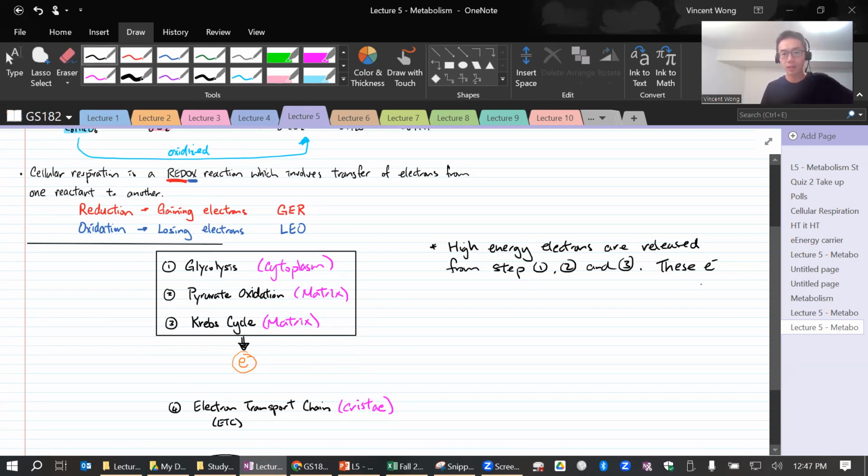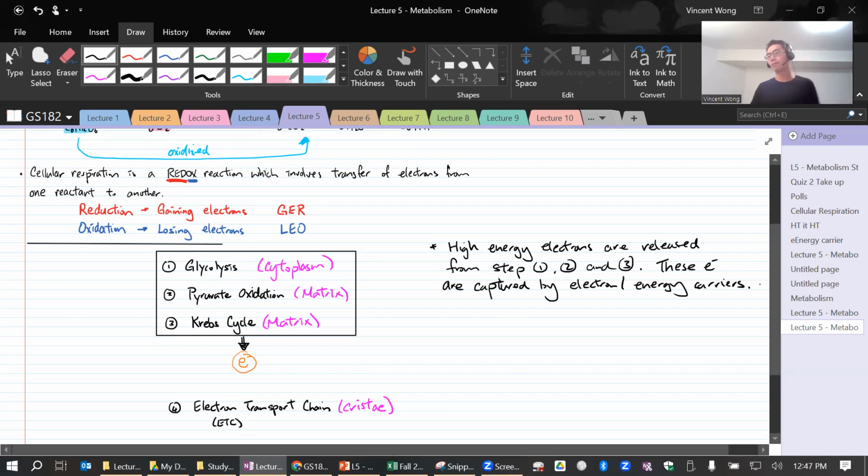These electrons are captured by electron carriers, or sometimes they're called energy carriers.